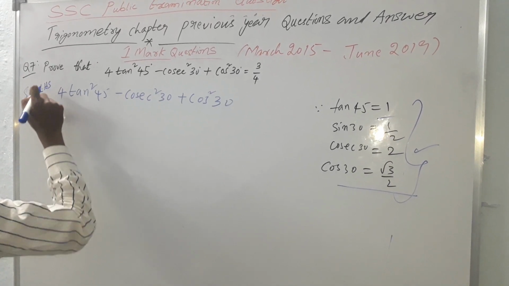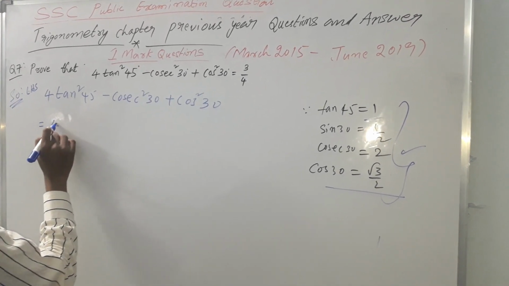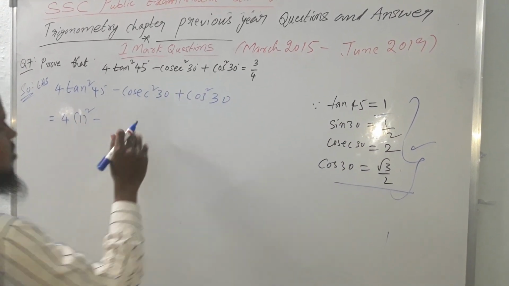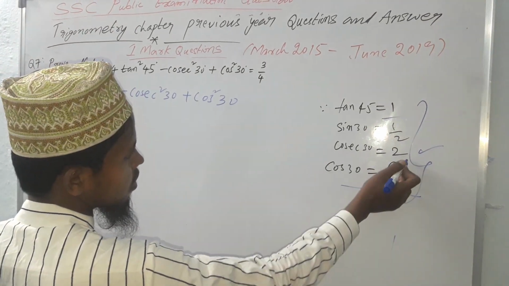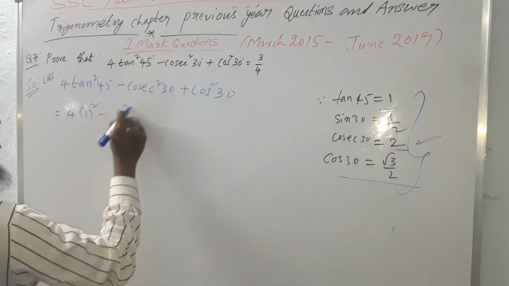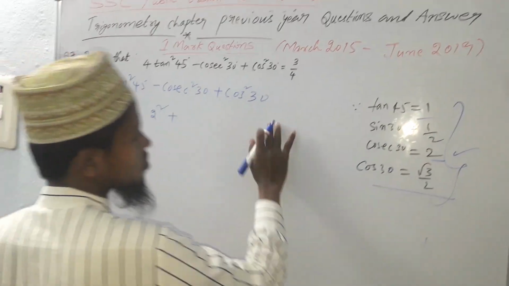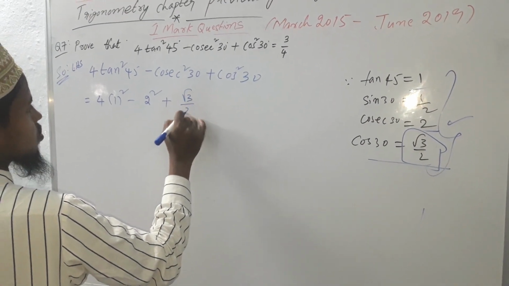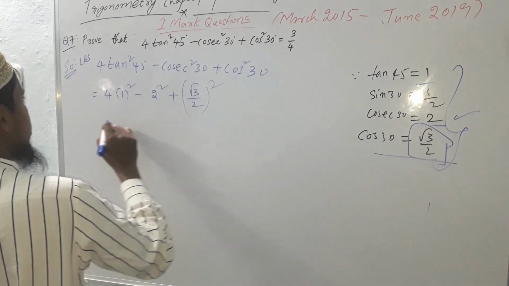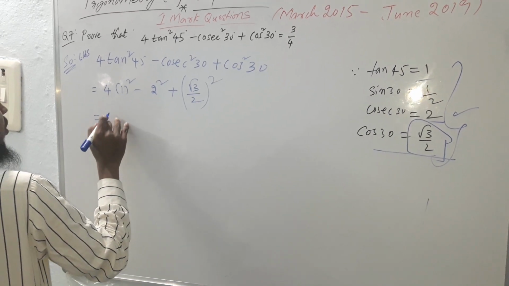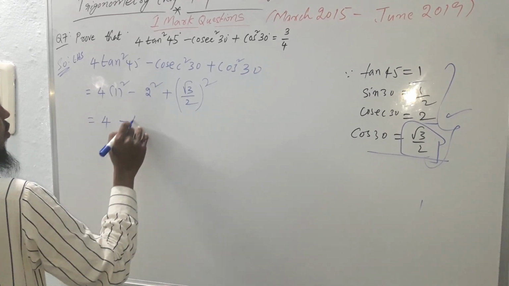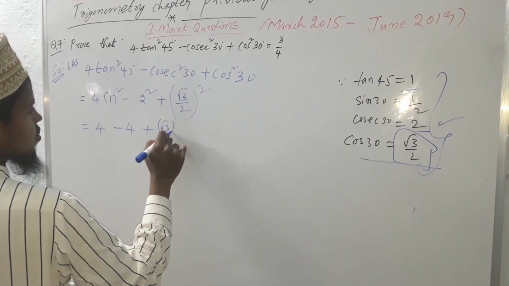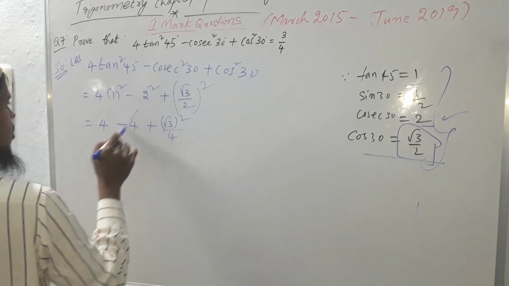We are taking LHS. 4 into tan 45, tan 45 is 1, square, minus cosec 30, cosec 30 is 2, square, plus cos 30, cos 30 is root 3 by 2, root 3 by 2 square. 4 into 1 square is 4, minus 2 square is 4, plus root 3 square by 4.